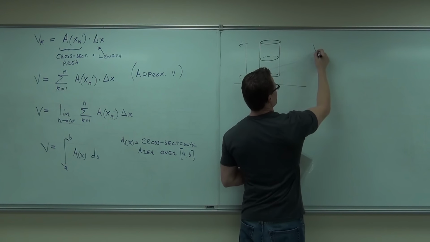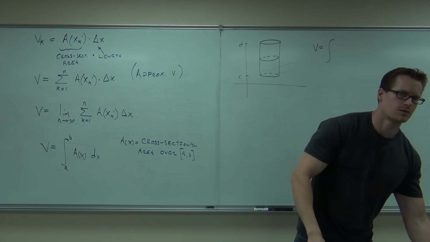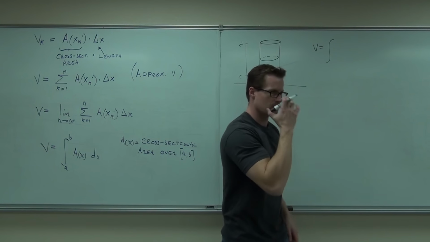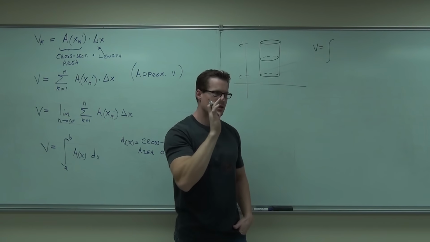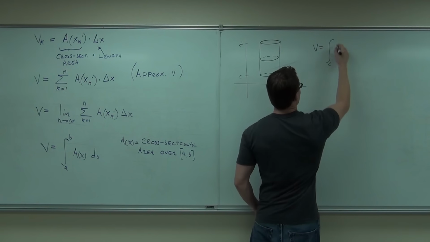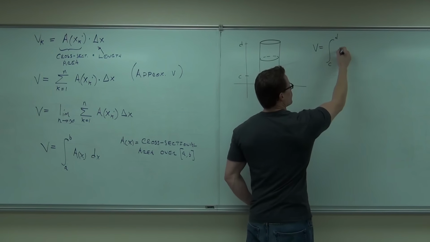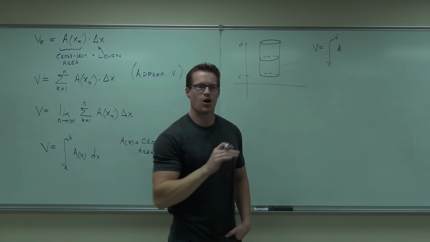So in our case, the volume would equal, where would you start, where would you stop? C to D. C, small, to D. Whatever the area of the cross section was according to y.